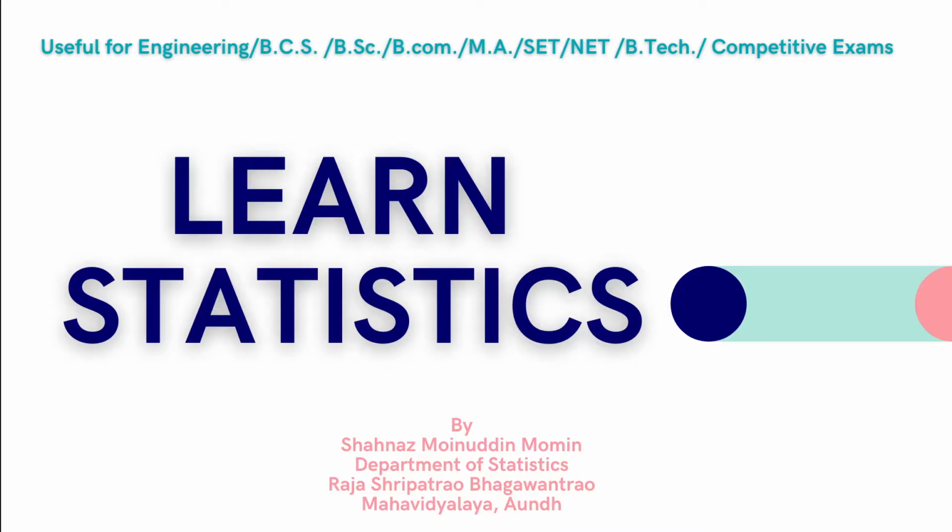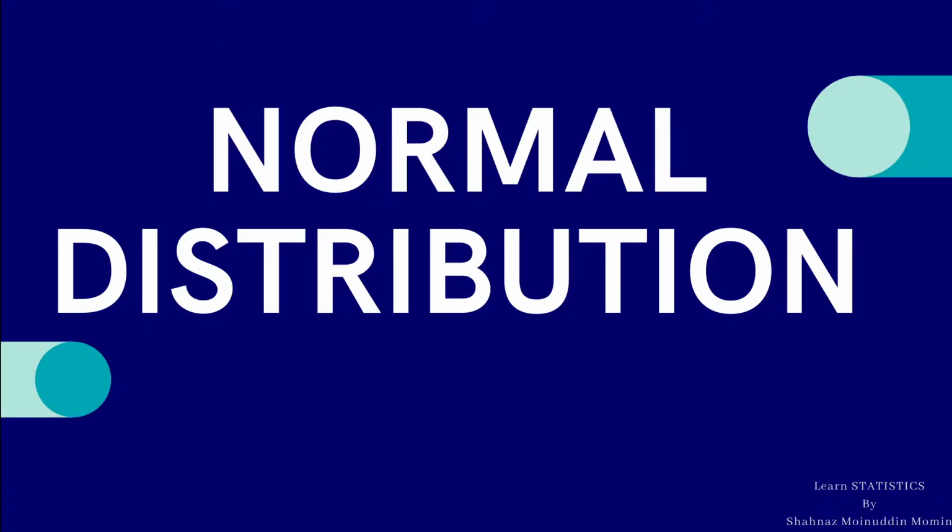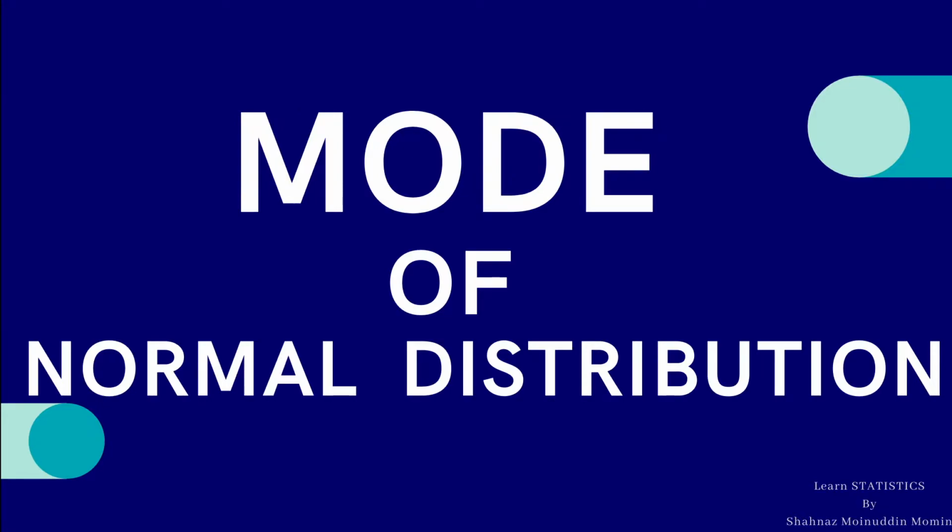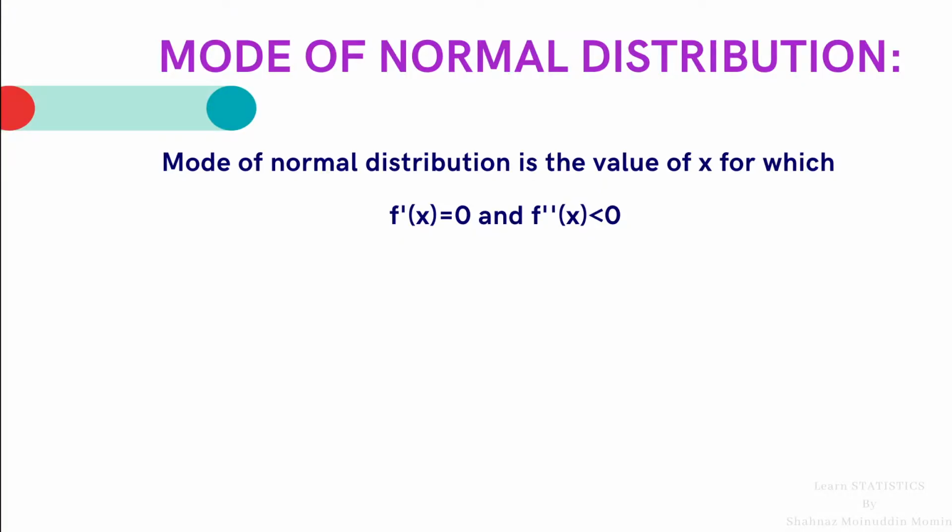The topic of today's lecture is normal distribution. In this normal distribution we are going to learn the mode of normal distribution. So we shall start with obtaining the mode of normal distribution. Mode of normal distribution is the value of x for which the derivative of PDF is equal to 0 and the second derivative is less than 0.